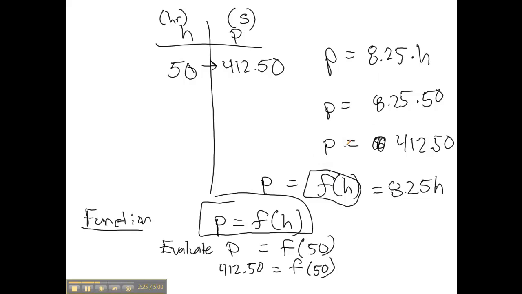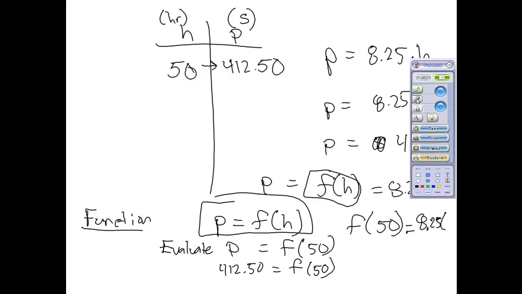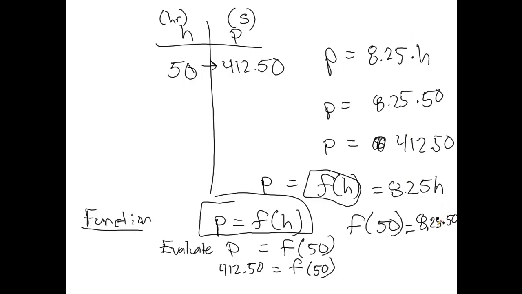So really there are two ways to calculate this. A lot of times we write it as F of H because we can say that F of 50, a function of working 50 hours, results in a pay of 8.25 times 50. I won't use parentheses here yet. I can use parentheses, but I'm going to just do the multiplication sign to make it less confusing at first.